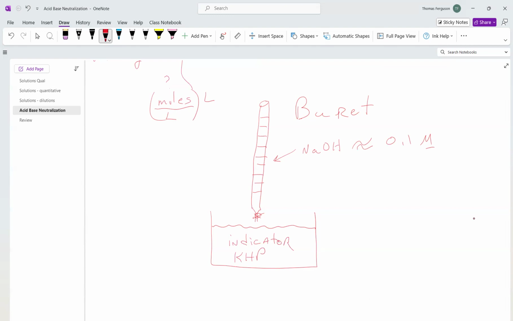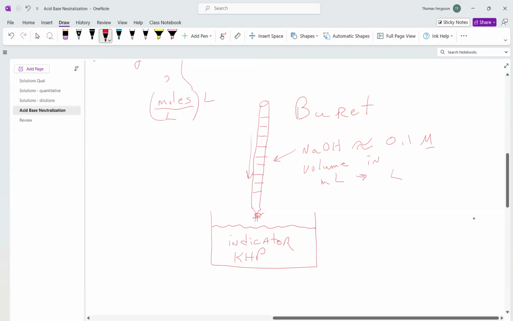So what you're going to be doing is dripping sodium hydroxide from here into the acid. And when the moles of acid equals the moles of base, it turns pink. So now we have volume in milliliters that we convert to liters.